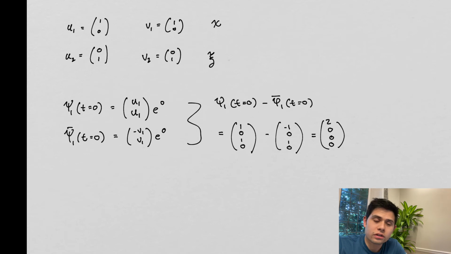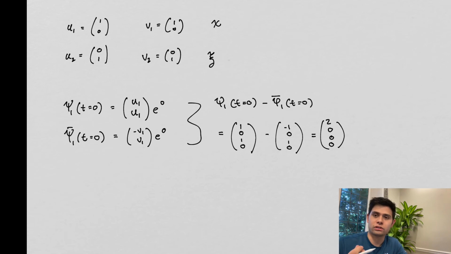This is very interesting because if we find the difference between the real solution and the complex solution to our Dirac equation, we've essentially isolated out this unit vector.